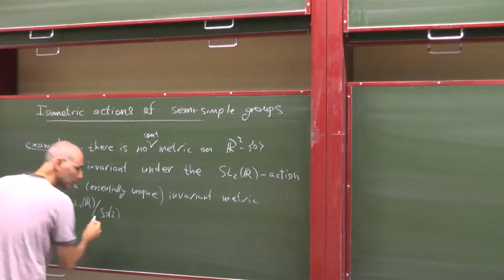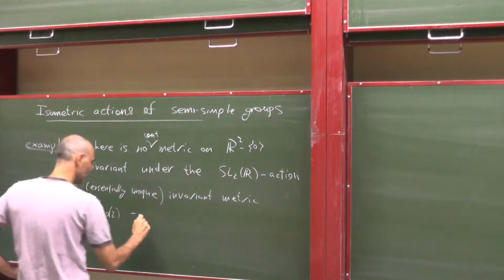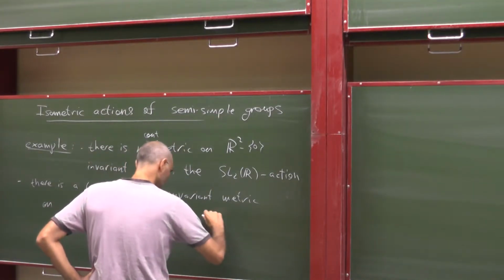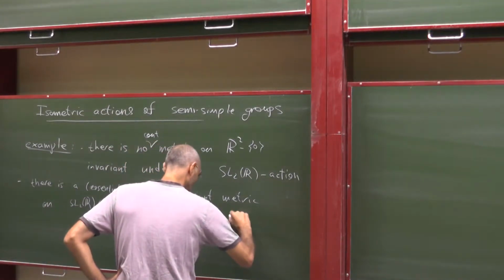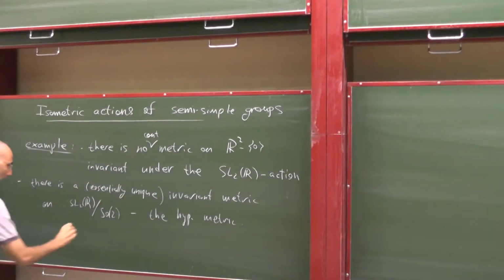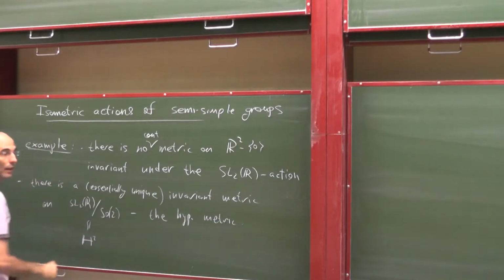I didn't discuss this, but I guess most of us are familiar with that. This is the hyperbolic metric. So this space is called the hyperbolic plane, and it is naturally equivalent to this H2 that I was discussing last time.